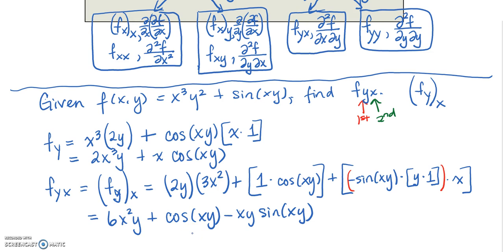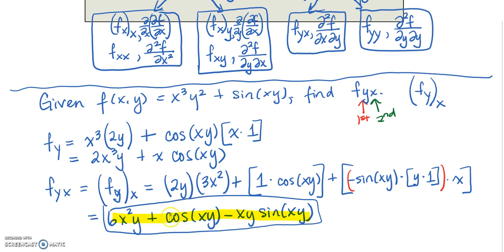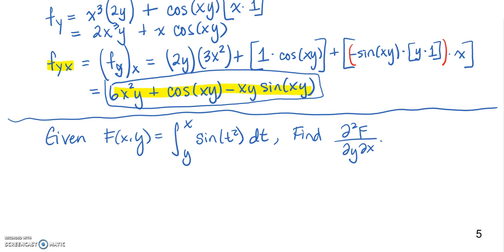Yeah, I think that does it. So there's our second partial derivative that we were requested to find in the order in which we were told to find it. So let's go ahead and look at a second example here.